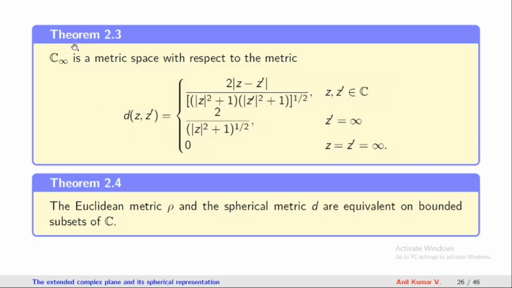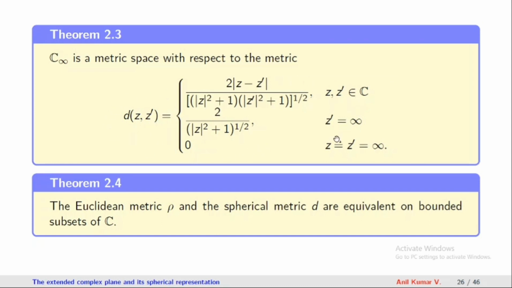Then theorem 2.3 states that C infinity is a metric space with respect to the metric d of z, z prime equal to 2 times modulus of z minus z prime divided by square root of (mod z squared plus 1) into (modulus of z prime squared plus 1) if z and z prime are in C, and if z prime is infinity, this is equal to 2 divided by (mod z squared plus 1) raised to 1 by 2, and when z is equal to z prime is equal to infinity, we define the distance between infinity and infinity to be 0.